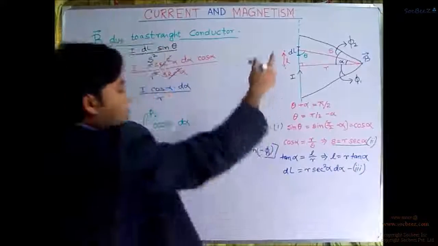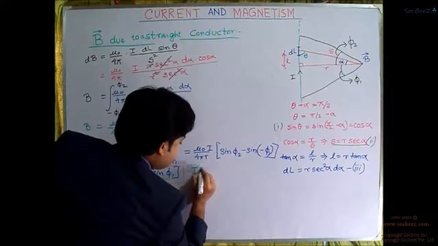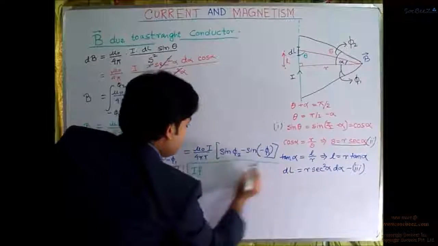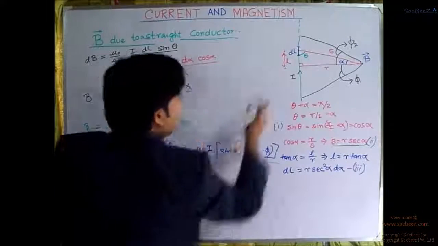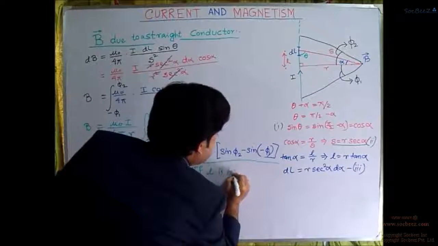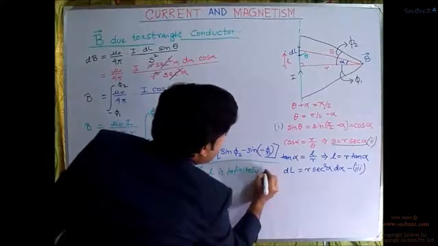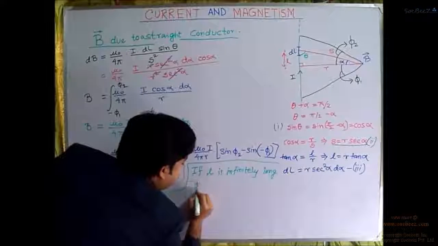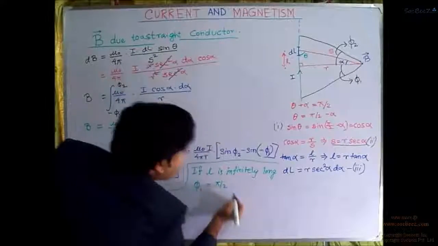In that scenario, this entire length L is infinitely long, so we can say that phi 1 is equal to pi by 2.